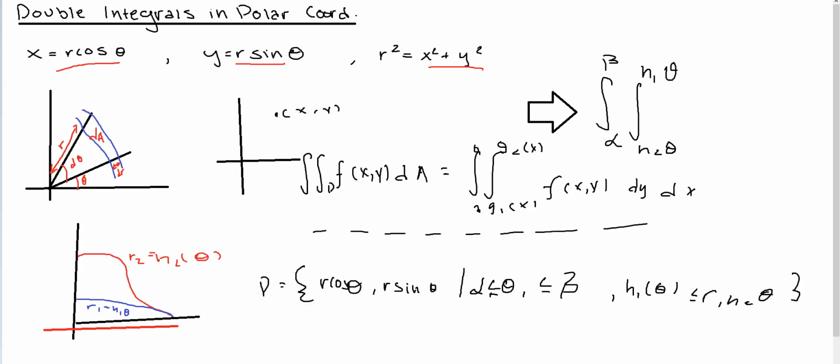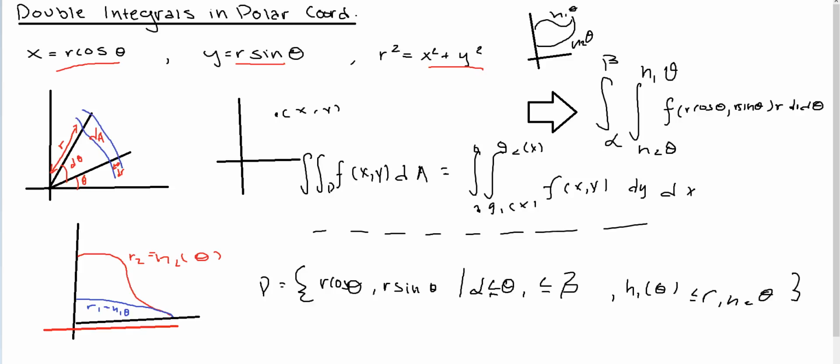So in the event that we had a function where h2 of theta lies on the top, then h1 of theta will lie here, and h2 of theta will lie here. And that means that the function f of r cosine theta, r sine theta, is integrated with respect to r, dr d theta.